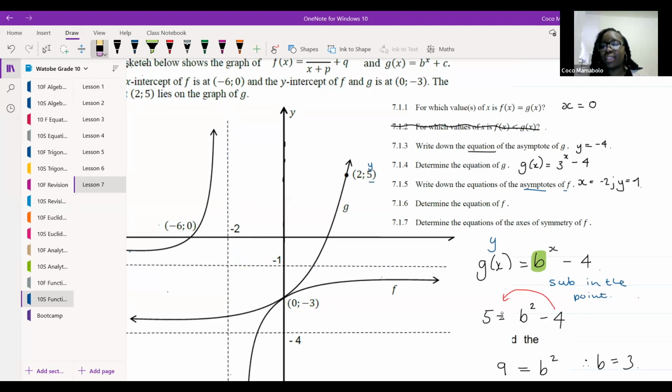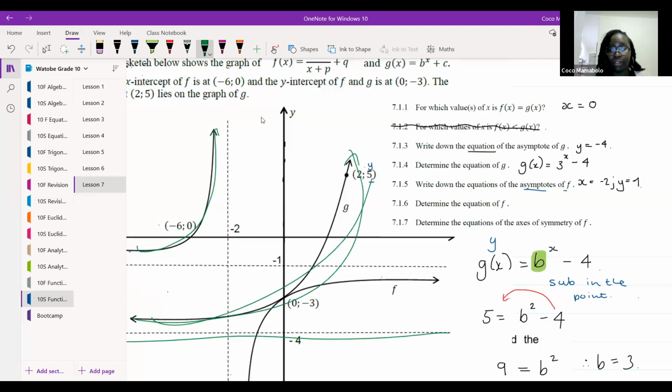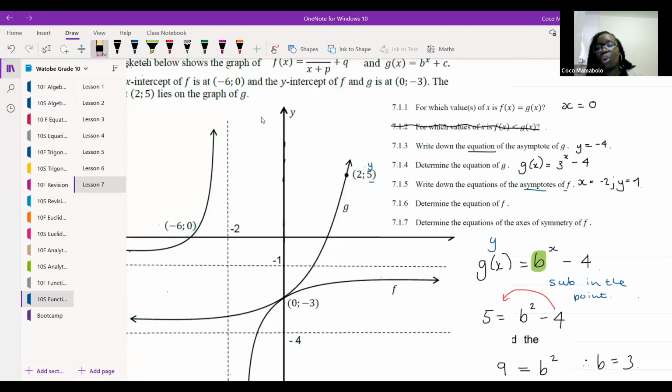Because that -4 doesn't belong to this graph. The -4 doesn't belong to the graph of F. The -4 belongs to that graph. That asymptote is for this graph, not for the two that we're looking at now. Remember, what they've actually done is they've drawn two graphs on the same set of axes.